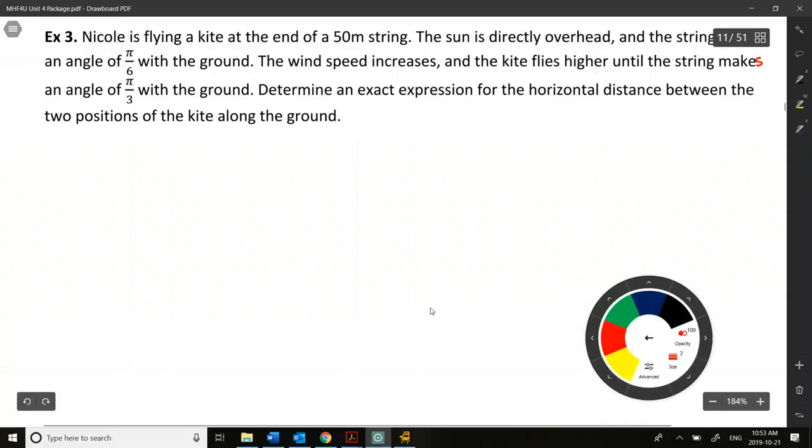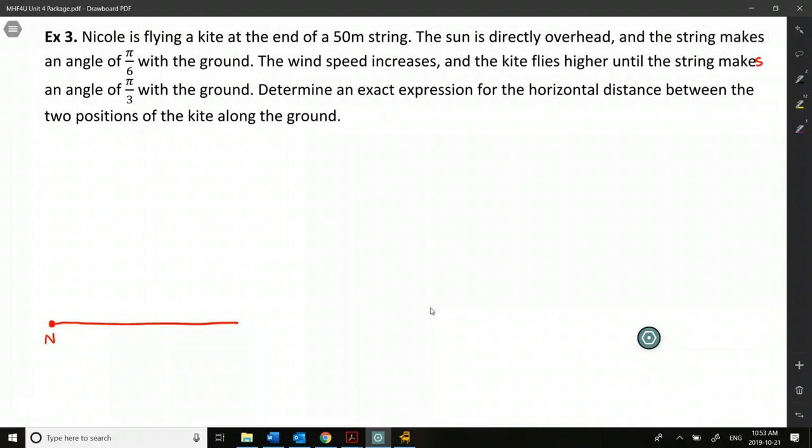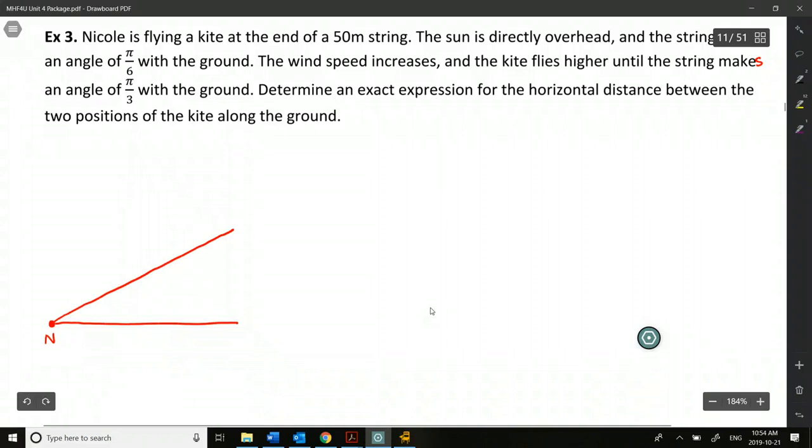Okay, so imagine we're flying a kite here. Nicole is somewhere over here, and here's the ground. If you imagine there's a kite flying in the air, she's holding it, and that kite string is 50 meters.